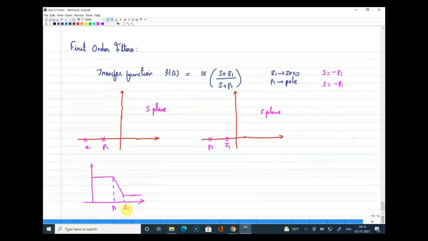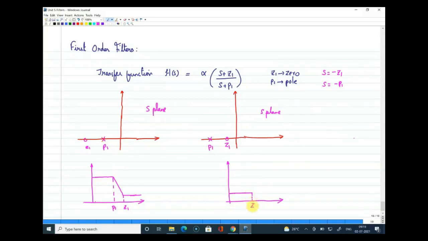Now similarly, if you look at the second pole 0 diagram, say you have a specific response here, and I'll start from here. Say this is close to 0 dB, but you are encountering a 0 first.